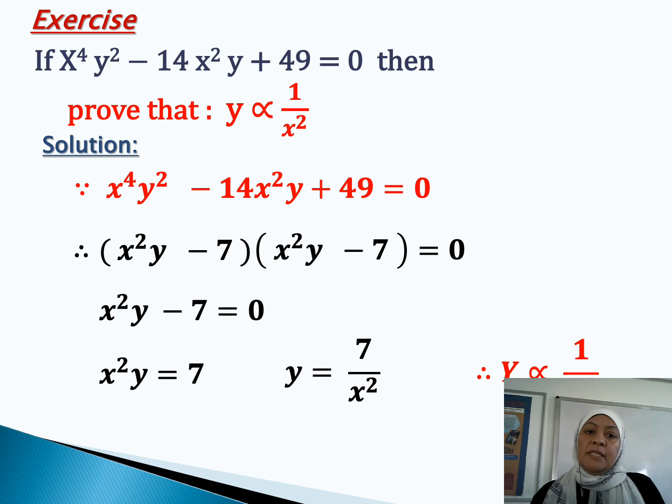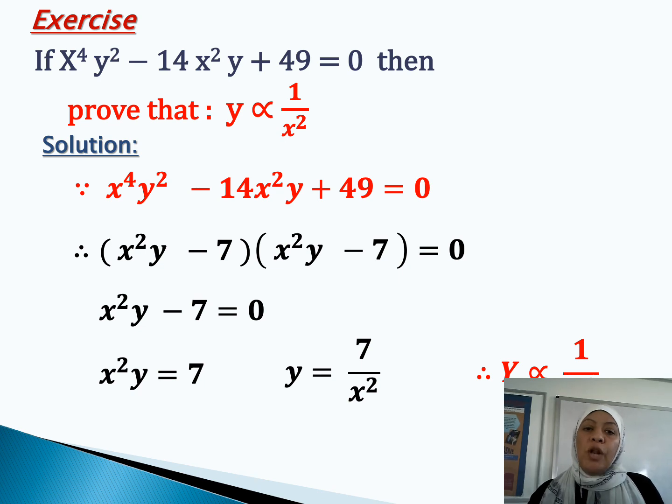Direct variation means we can get the constant by dividing, so the constant equals y over x, and my relation form is y equals mx. In inverse variation, y varies inversely with x, y varies 1 over x. My relation is y equals M over x. Here we can get the constant by multiplying: M equals yx or xy.